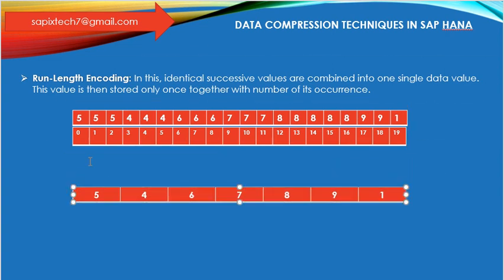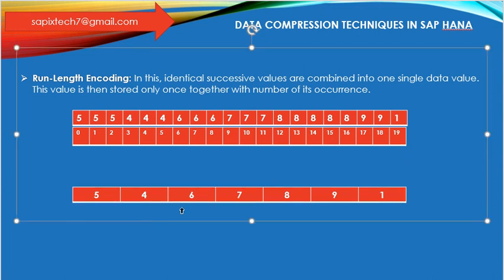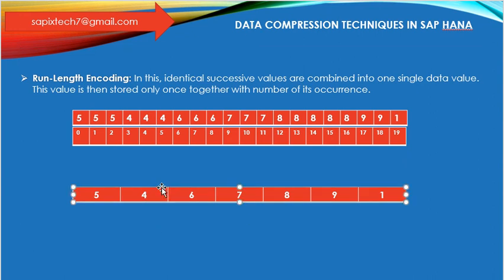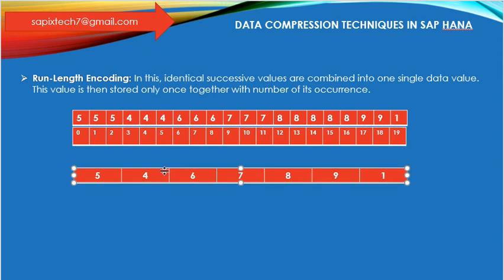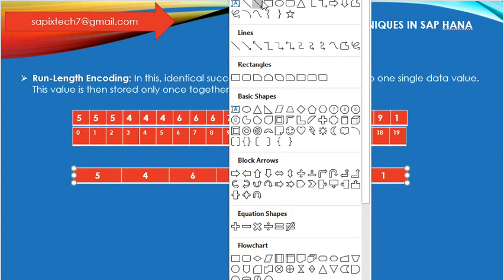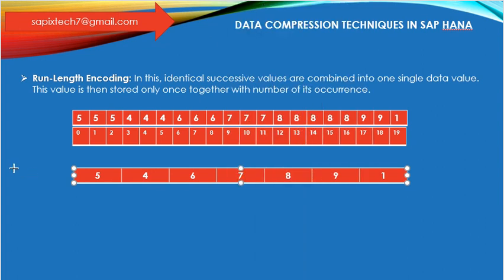Come down here. Now, if I look at this, this is our data. This is our identical data. We can see our values.